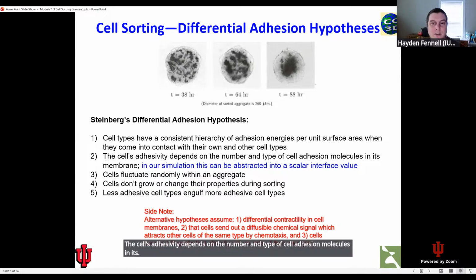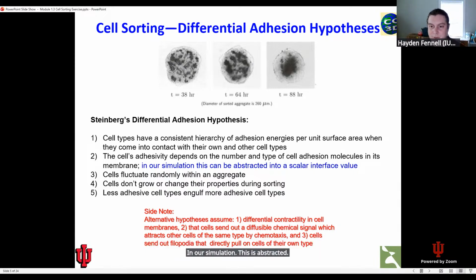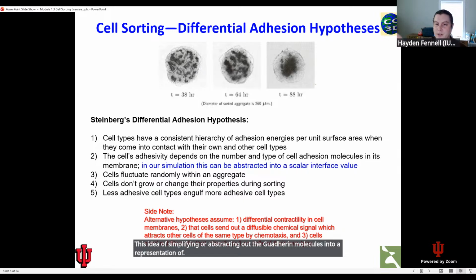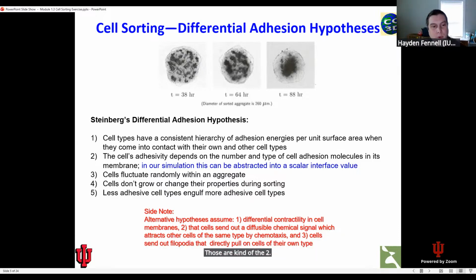So these are the cadherins. In our simulation, this is abstracted down into a scalar interface value. So we take this idea of simplifying or abstracting out the cadherin molecules into a representation of this hierarchical adhesion energy per unit surface area idea. Those are the two important points here.